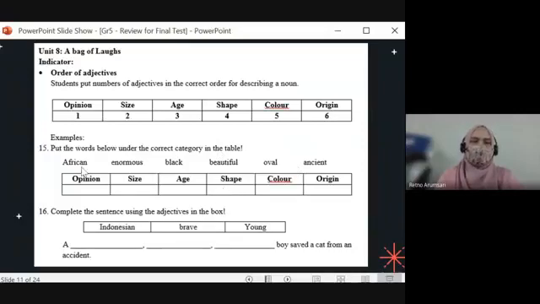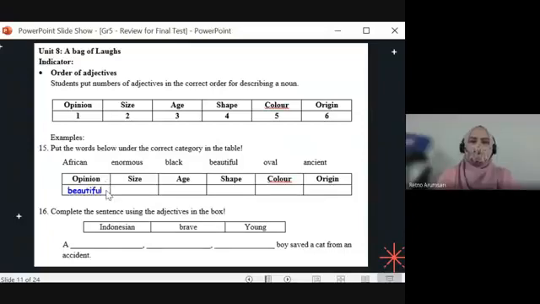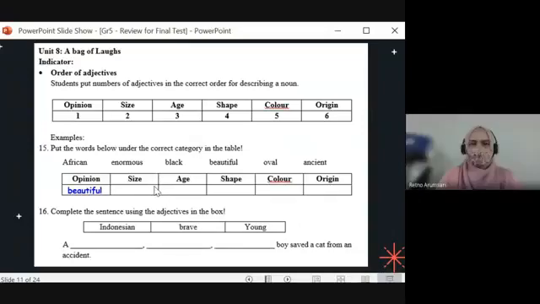What belongs to opinion? Beautiful. Yes, well done. What belongs to size? Enormous. Enormous is very, very big.